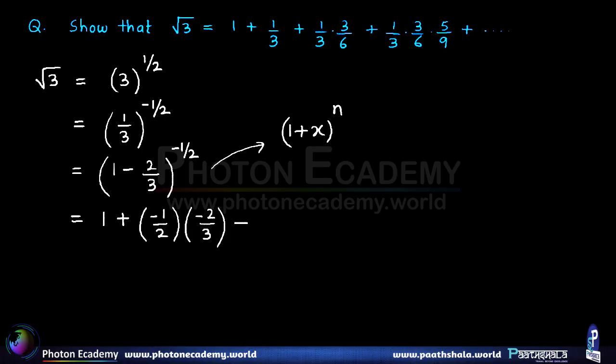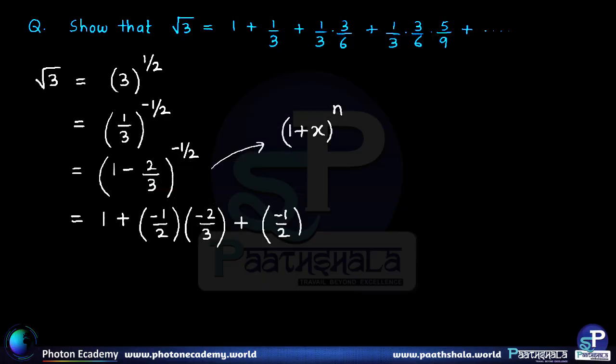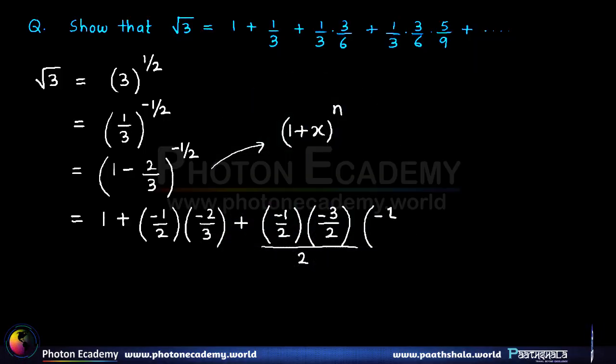Okay, now the next term is n(n - 1), which is minus 1/2 into minus 1/2 minus 1, that is minus 3/2, whole divided by 2 factorial, so that is 2, multiplied with x square, so that is (minus 2/3) the whole square.